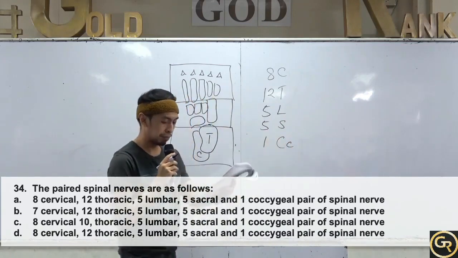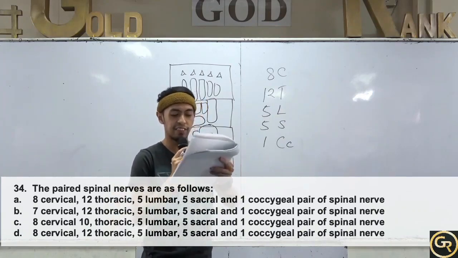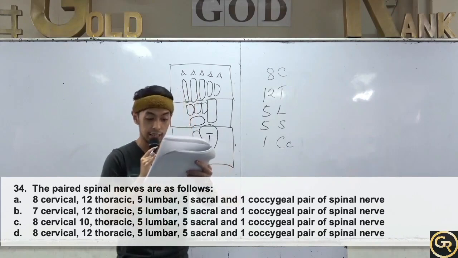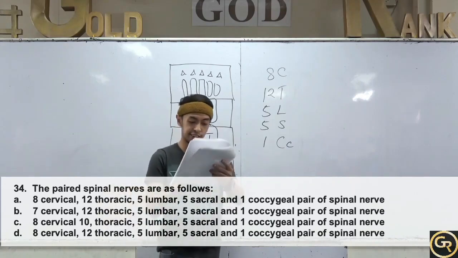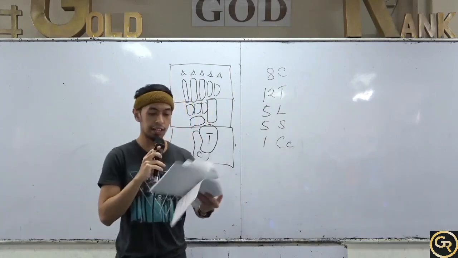Tama po ba? So meron po ba mga nakalagay dito sa choices natin? 8 cervical, 12 thoracic, 5 lumbar, 5 sacral, and 1 coccygeal. That's your letter A. Number 34.